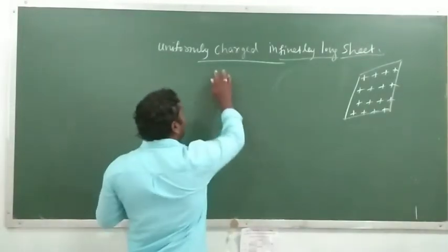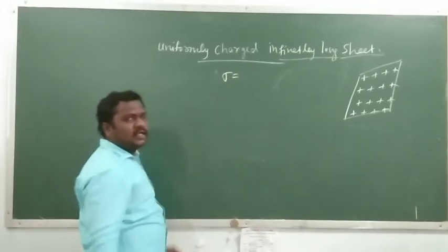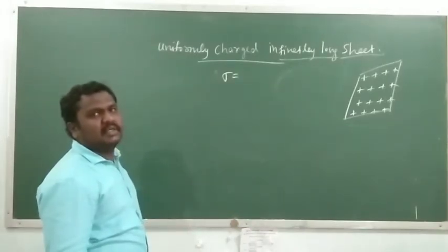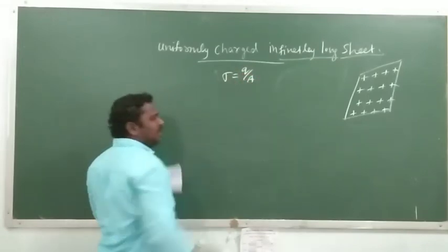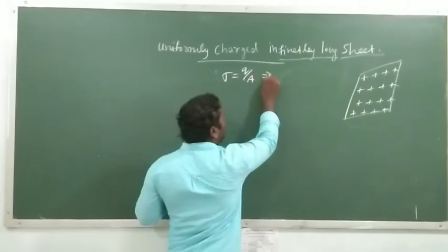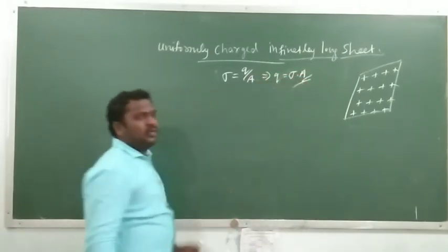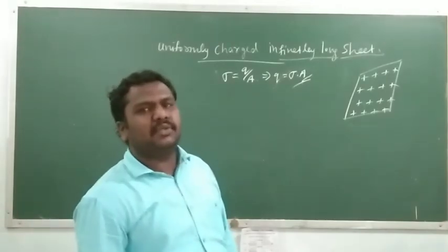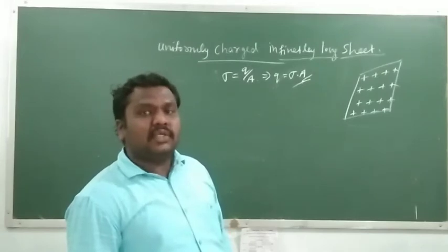So sigma, the surface charge distribution, is equal to Q divided by A. Then the total charge Q is equal to sigma into A. Now we have to select the Gaussian surface.